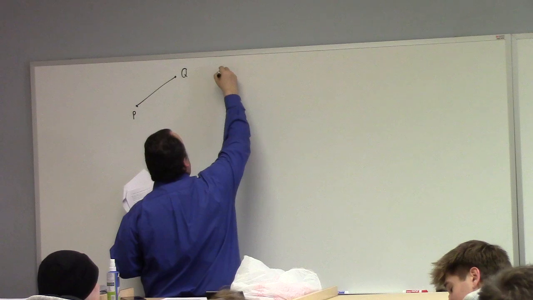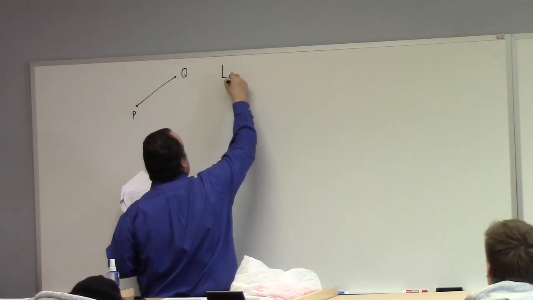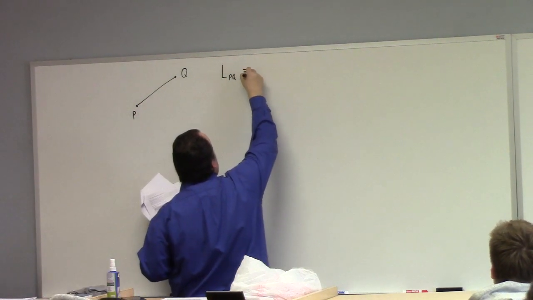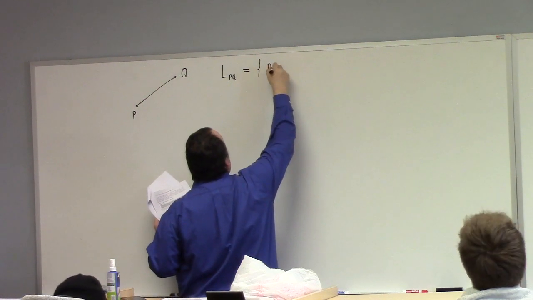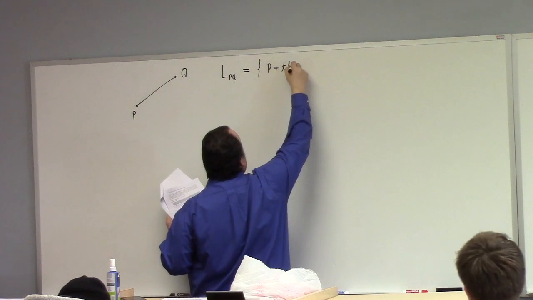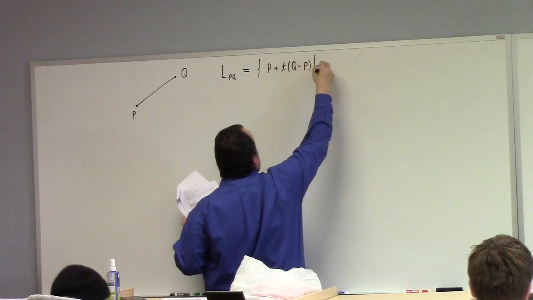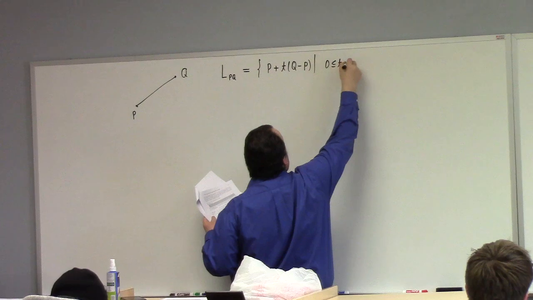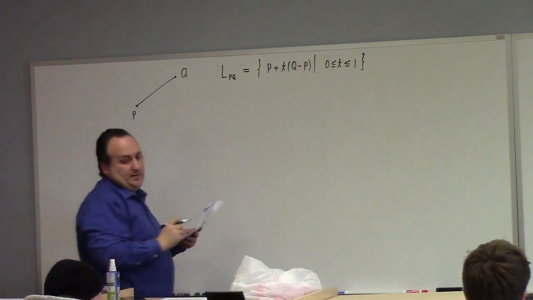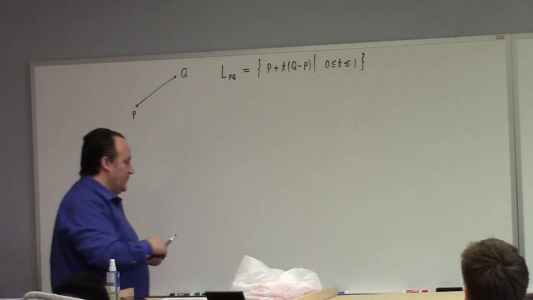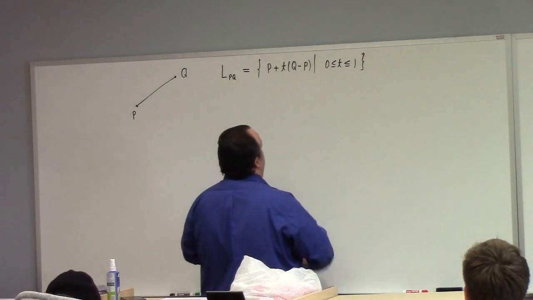So I'm just going to invent one right now. So the line segment from P to Q, we could say it is P plus T times Q minus P, such that 0 is less than or equal to T less than or equal to 1. This is a standard trick. This is a parameterization of the line segment.